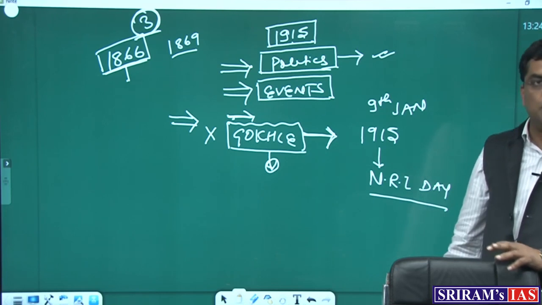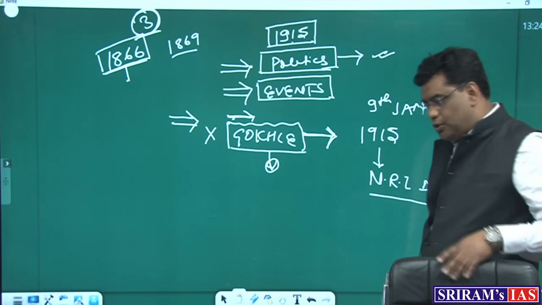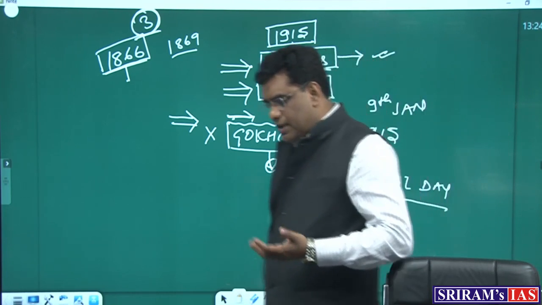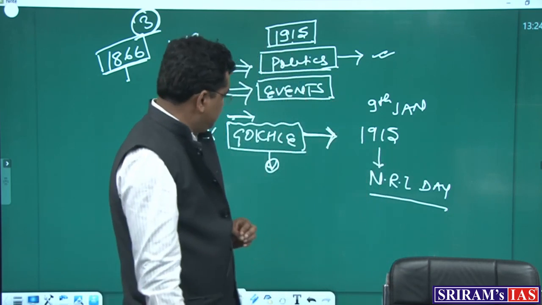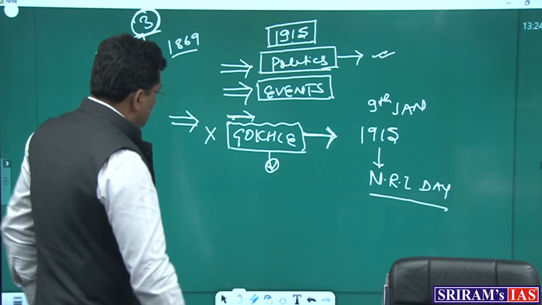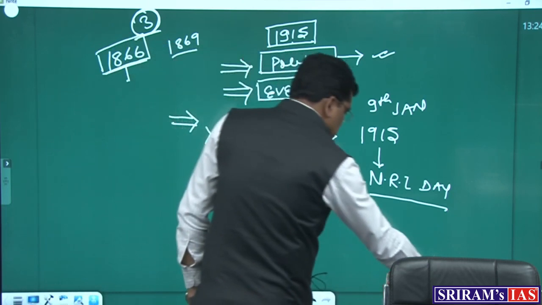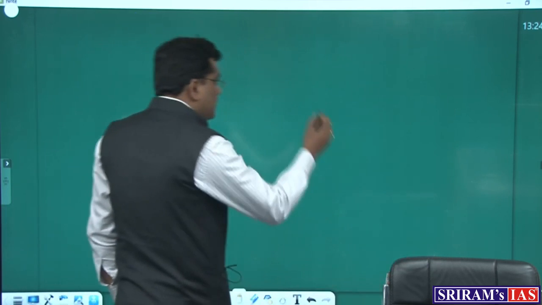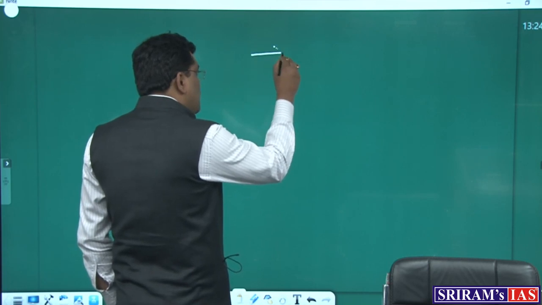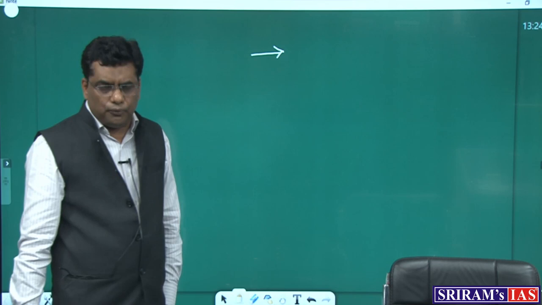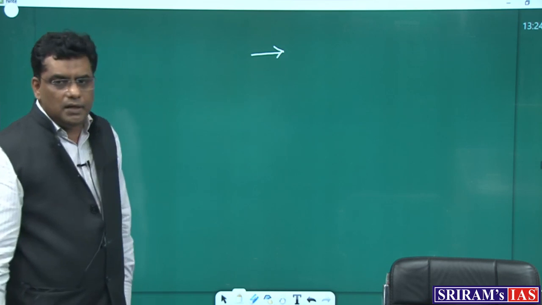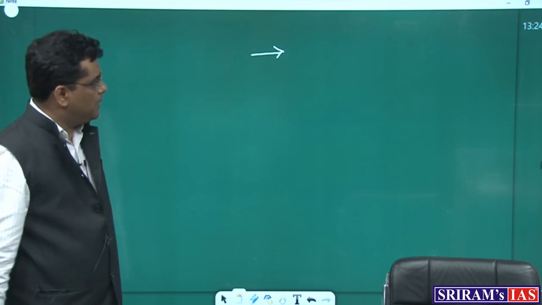So story format is the best way that you can link various events, and thereafter you can make your memory also very much perfect. So Gokhale. Look, as per the advice of Gokhale, Gandhi had taken the tour of entire India by bullock cart or on foot, and then he connected to the people.